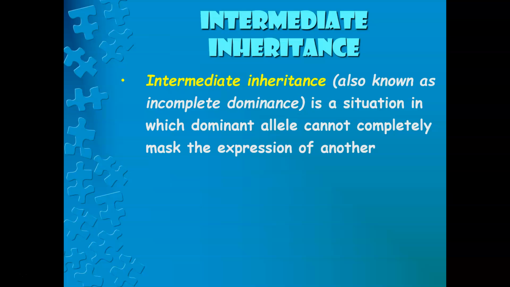So let's start off with intermediate inheritance, or you may have come across this in the past as incomplete dominance. What we're looking at here is a situation where you have a quote unquote dominant allele, that protein is being expressed, but unlike a traditional Mendelian dominant allele, the expression of that dominant protein isn't quite dominant enough.